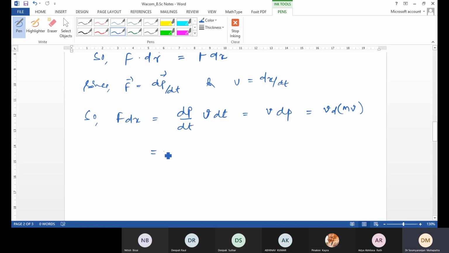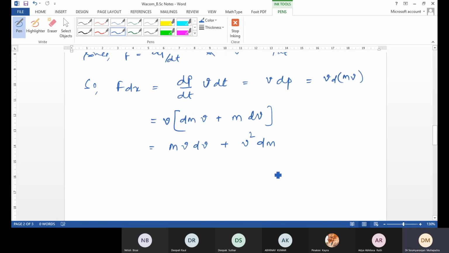Okay, so let's keep this as v, and let's take advantage of this good network and complete this as soon as possible. So now this d of mv, do the product rule. Okay, so what will you get? d(mv) is equal to m dv plus v dm. If any step is not understood, ask, okay? So it is m dv plus v square dm. I can write like this.